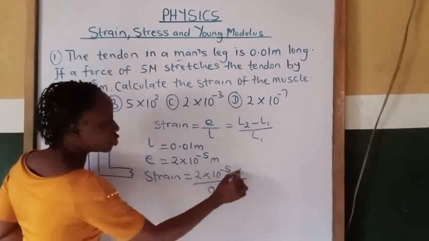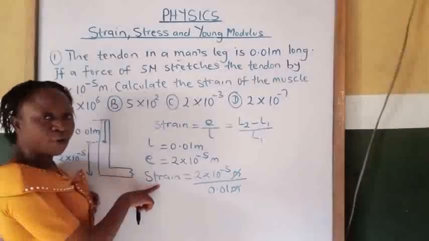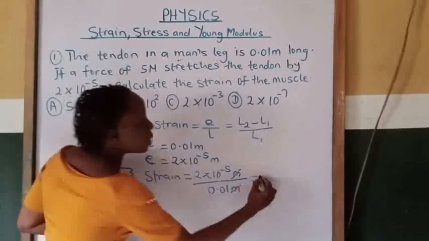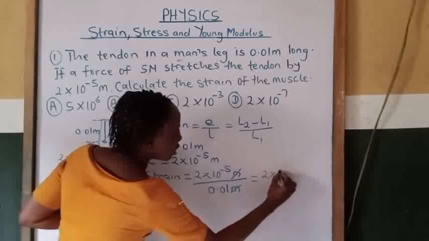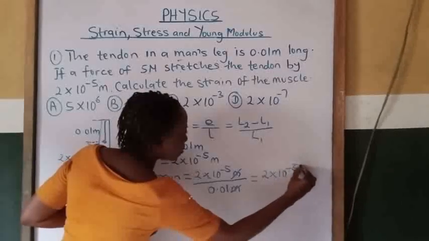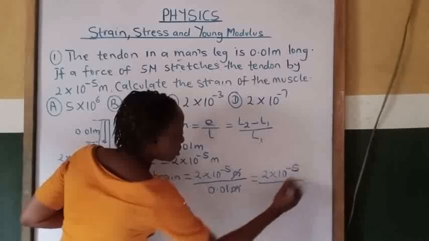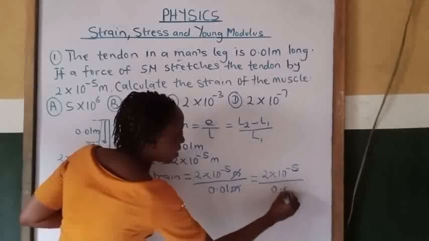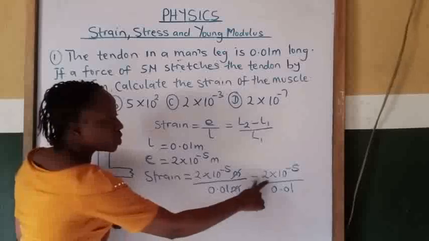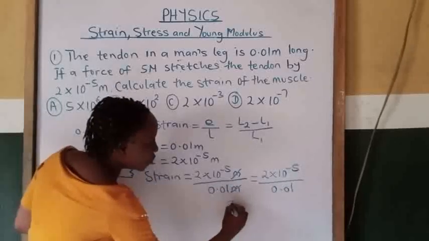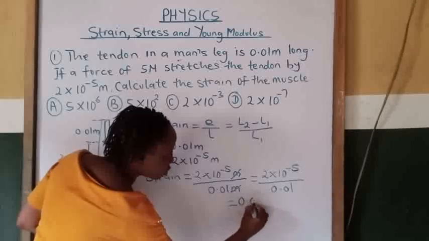Meter cancels meter, so there is no unit for strain. 2 times 10 raised to power minus 5 divided by 0.01 will give us 0.002.